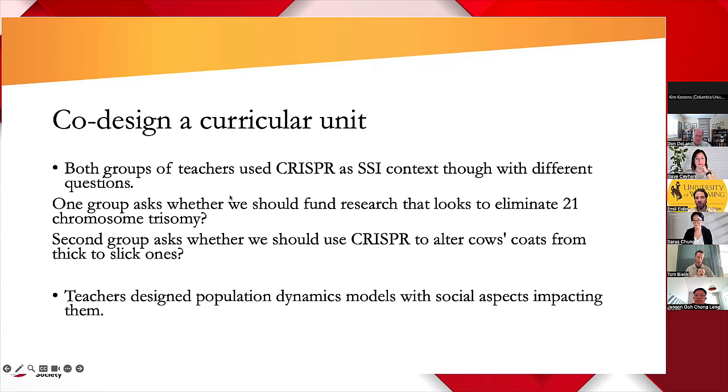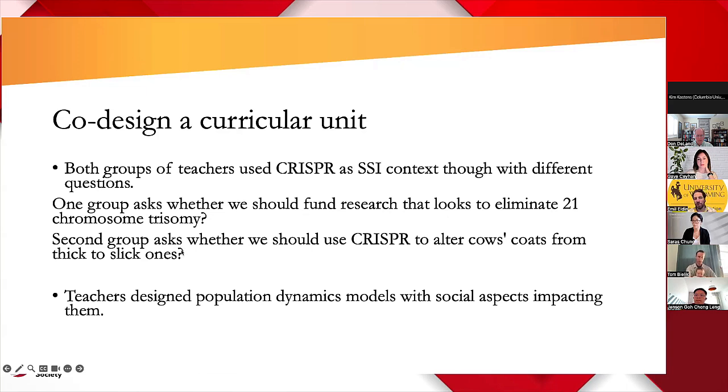One group asked whether we should fund research that looks to eliminate trisomy 21, which you mostly know as Down syndrome. This is a project that kicked off a couple of years ago and is gaining traction really fast.